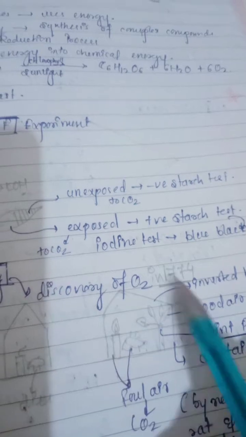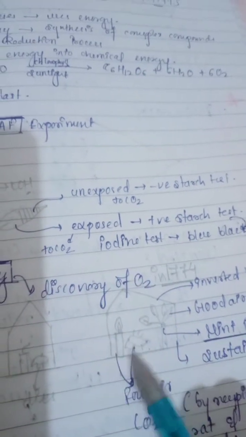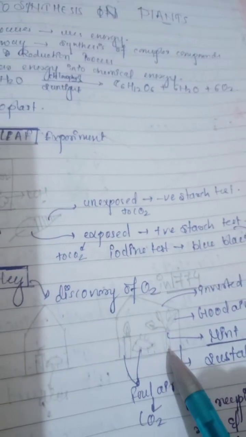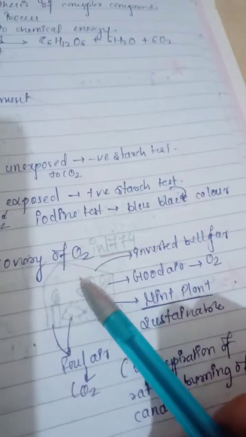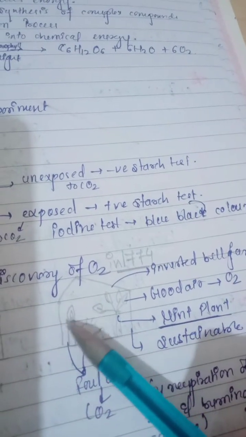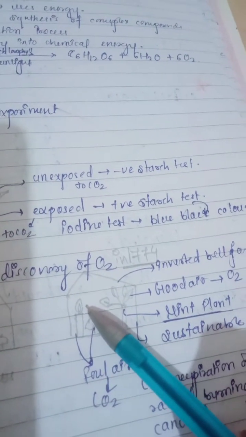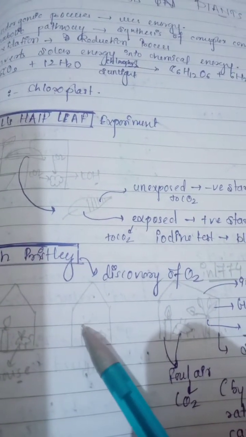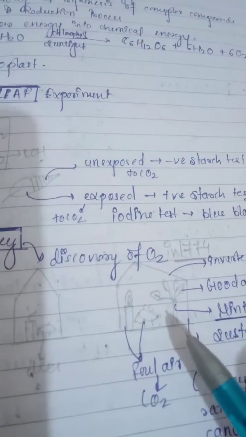Now in the next step, the whole setup is the same, but one plant is added. The candle continues burning. In the earlier setup the candle does not continue burning.